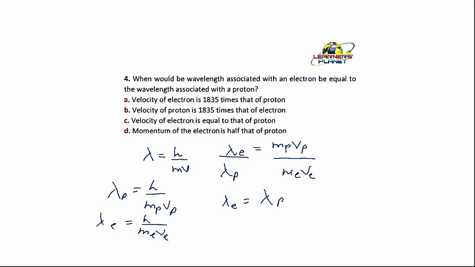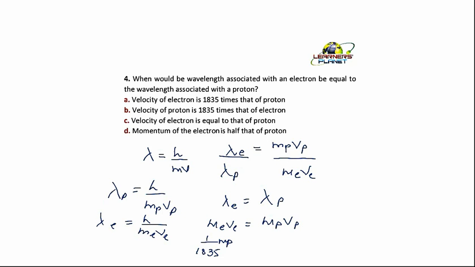Now what is it saying? The wavelength has to be equal. That is, your lambda e should be equal to lambda p. It means your meve should be equal to mpvp. Now what is the mass of the electron, or what is the mass of the proton here?